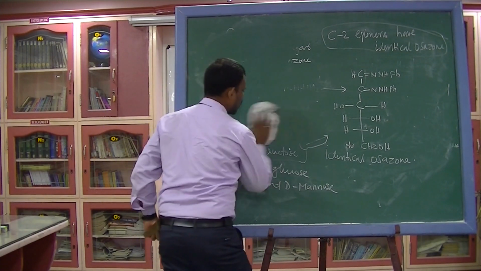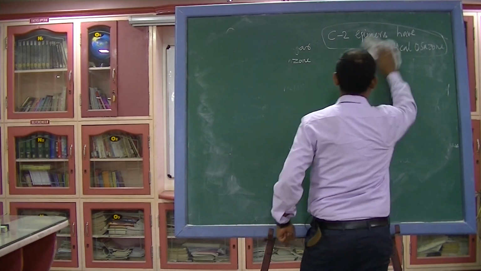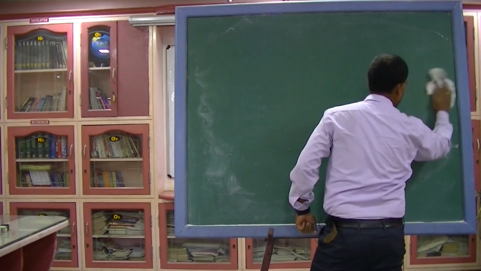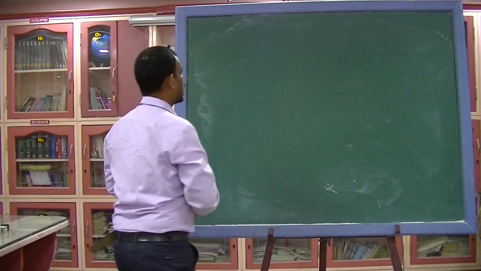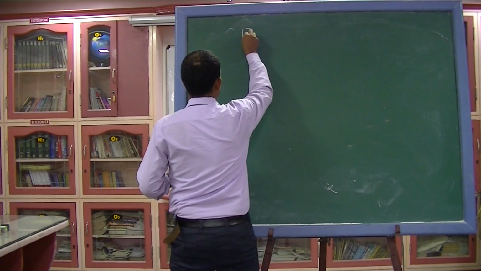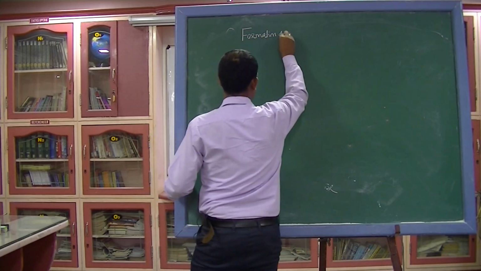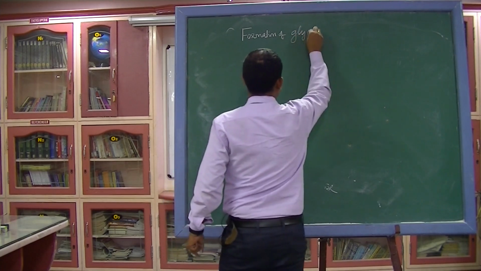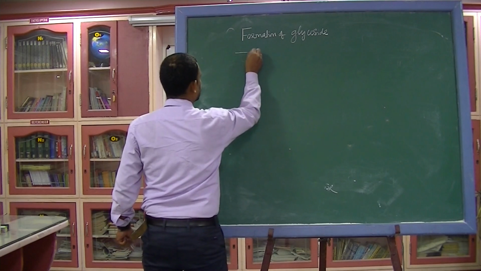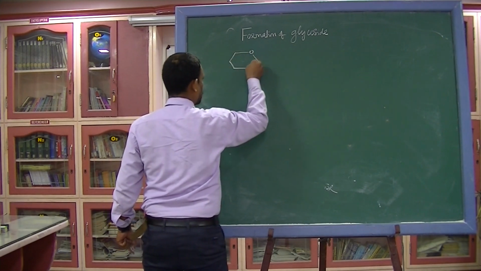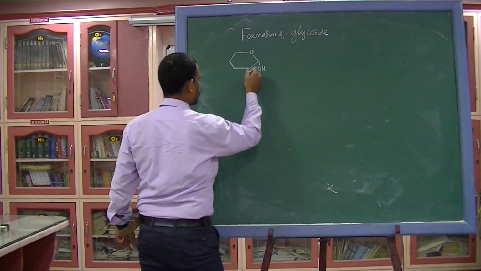The next important reaction is glycoside formation. That is nothing but the acetal formation. For example, this is the alpha anomer of glucose.